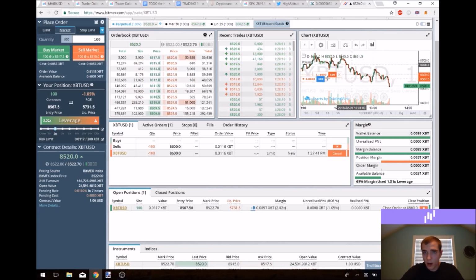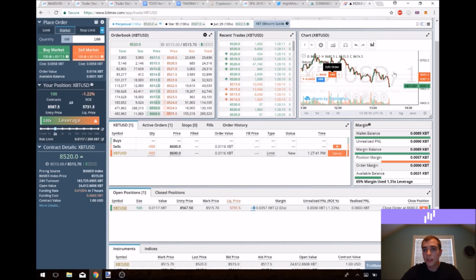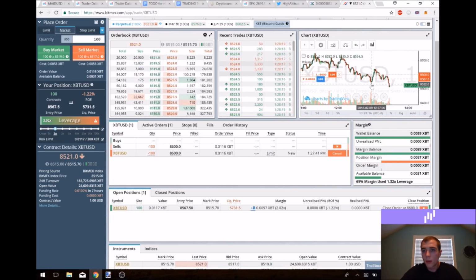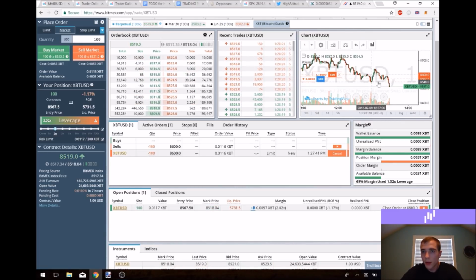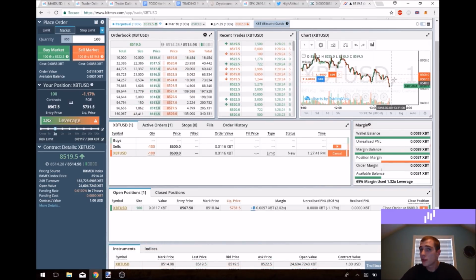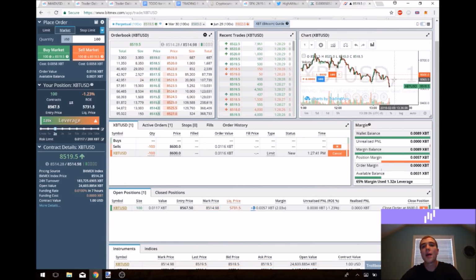So, kind of what's interesting about this is we've seen prices drop below the support zone that I was looking at here at 8,500 per coin. And now the prices are starting to rally back up. So my trading plan was that I would sell if it broke below that level. Now this is an important thing about using soft stops in crypto.